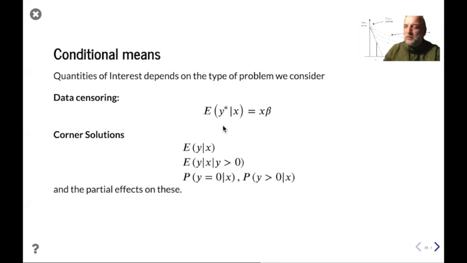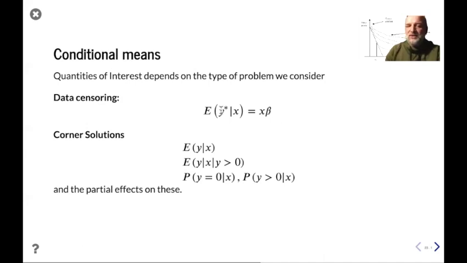I mean, if you think about our wealth coding example, or top coding of wealth example, what if you actually observe that entire distribution of y star? That would be your dream scenario, right? And so in order to make predictions about what that distribution is, you would just need to know what beta is, right? Then you completely nailed it, because the conditional mean of y star given x is just equal to x beta, right?